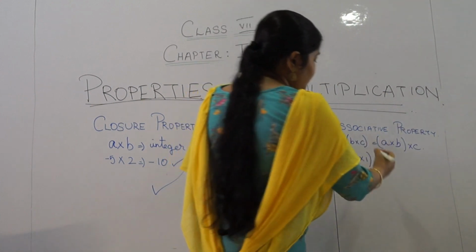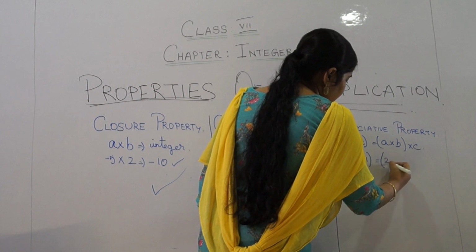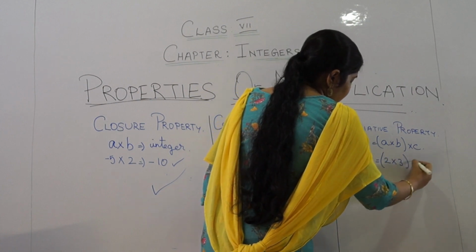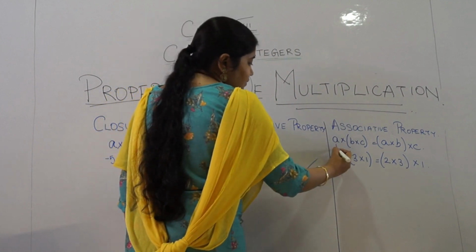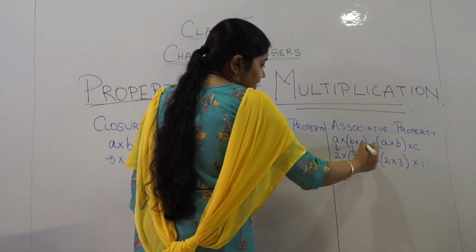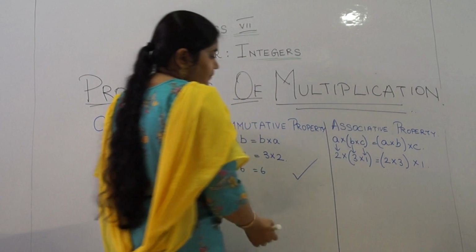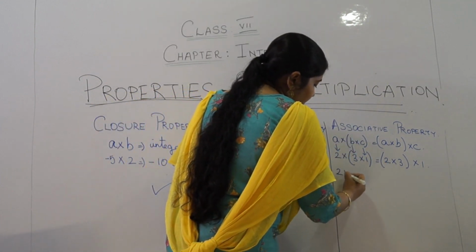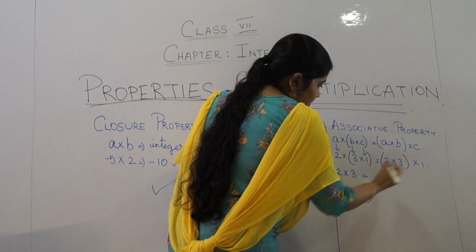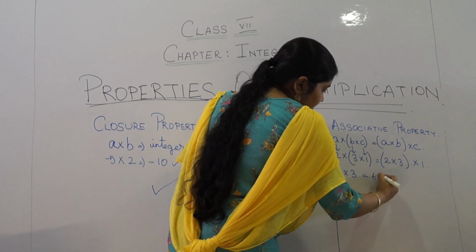The value of a is 2, b is 3 and c is 1. Whatever is in the bracket should be solved first. So 2 into 3 is 6, into 1.